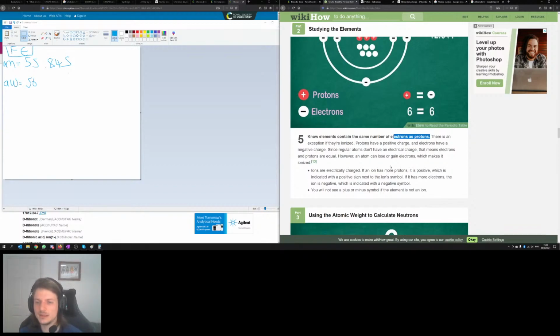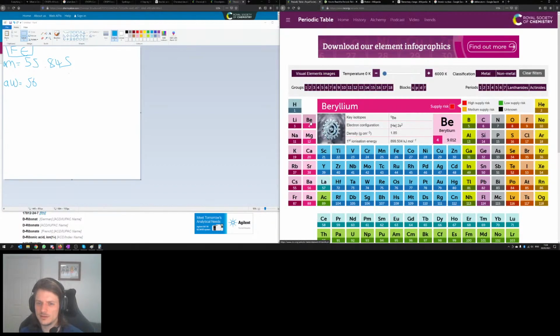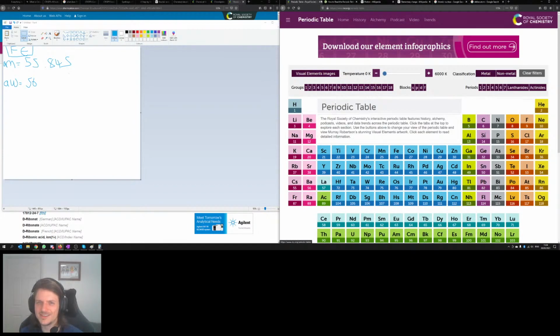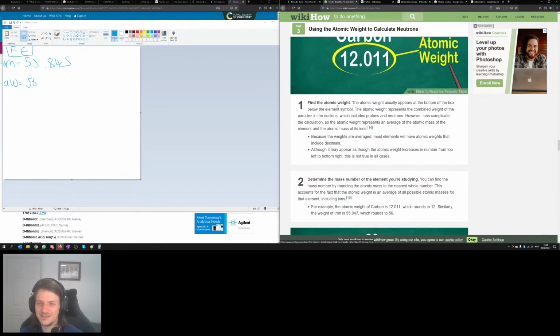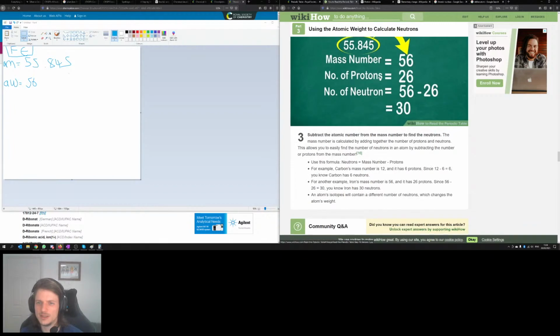However, an atom can lose or gain electrons, which makes it ionized. Electrons and protons, I see. So that means... I'm so confused. It kind of skips on here. Find the atomic weight, which we just read, and then we've got this, but it's saying the number of protons is 26. I'd like to know where it's got that from.